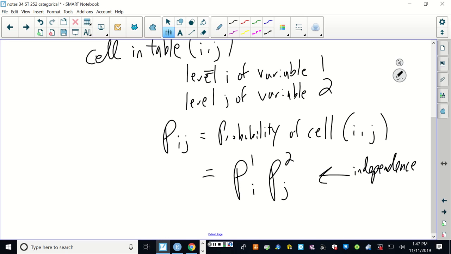And so we're going to compute that probability. How are we going to estimate these separate probabilities? To do a test, we're going to compare the probabilities we have to these probabilities here, so we're going to have to estimate these different probabilities.